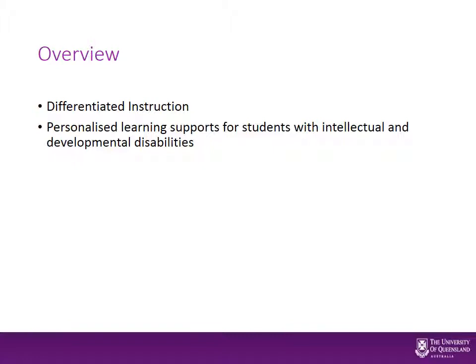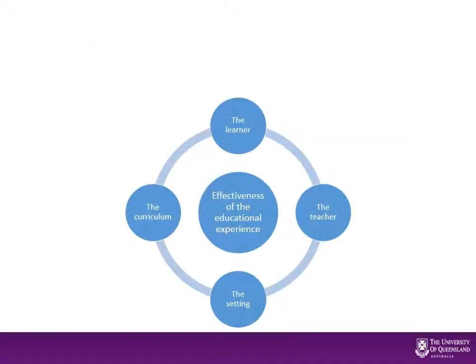So we'll be thinking in our class today about differentiated instruction and providing personalised learning supports for students who need particularly adjusted curriculum. When we're thinking about the effectiveness of the educational experience, there are at least 4 factors we can consider.